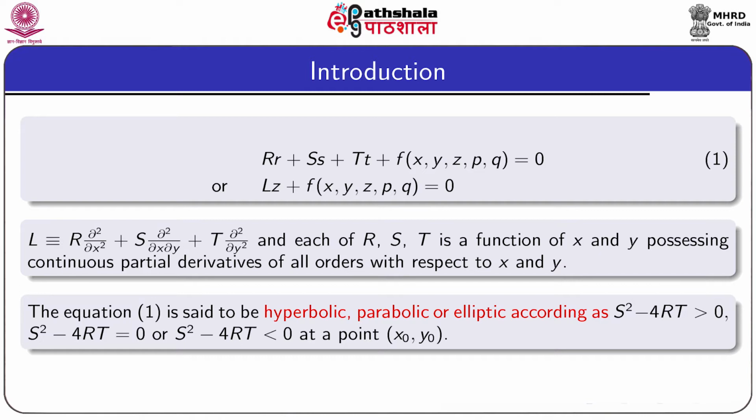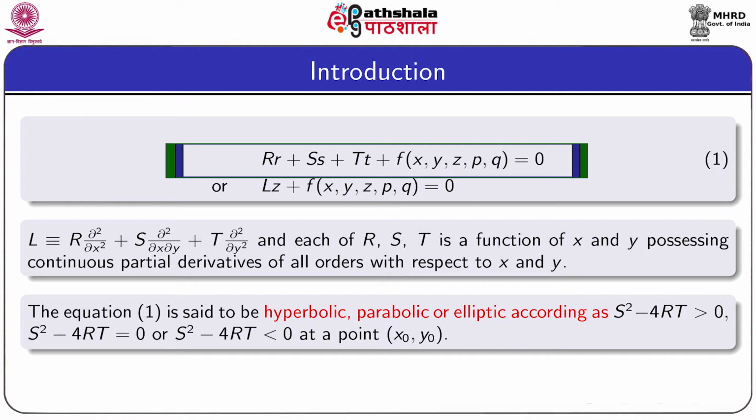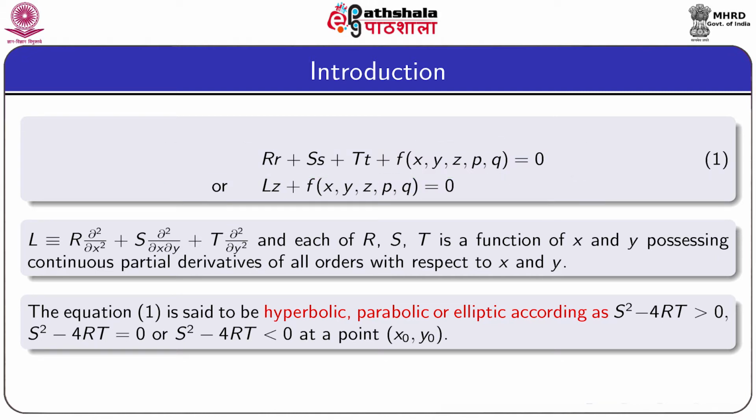The general form of a linear second order partial differential equation can be written in the form given in equation number 1: capital R small r plus capital S small s plus capital T small t plus small f, which is a function of x, y, z, p, q, equals 0.